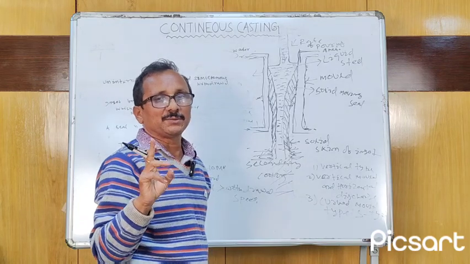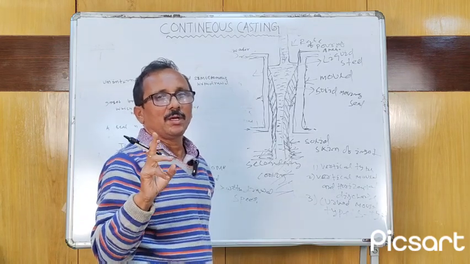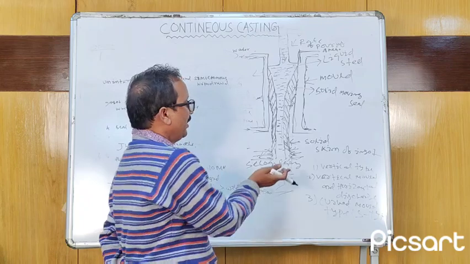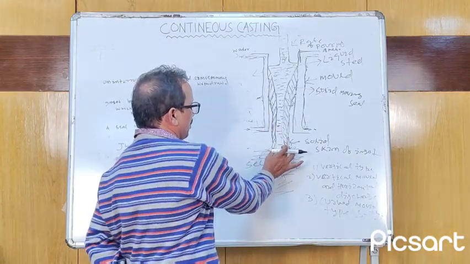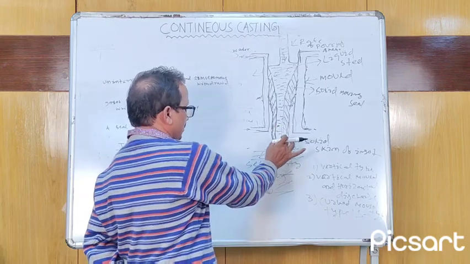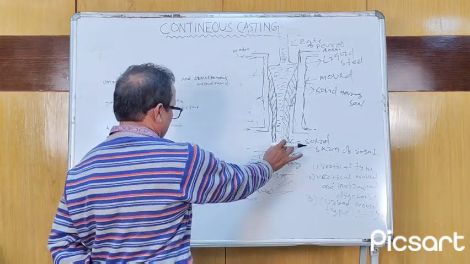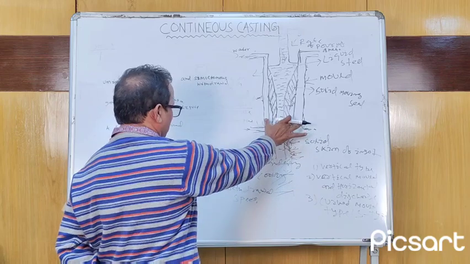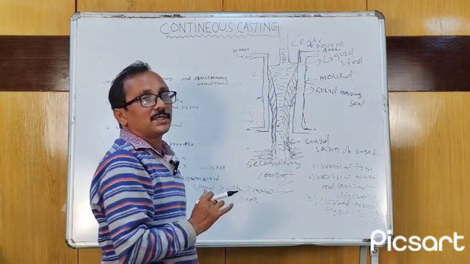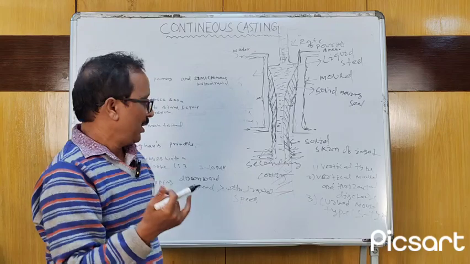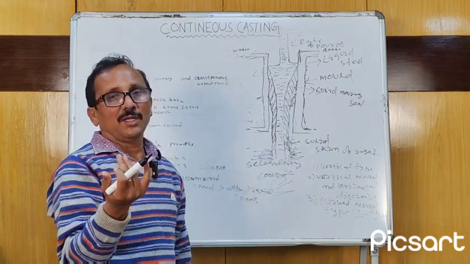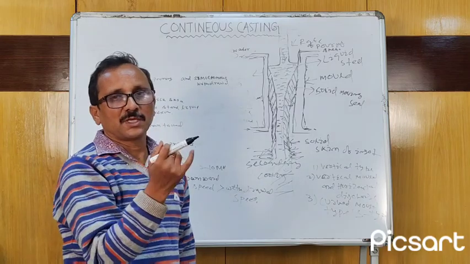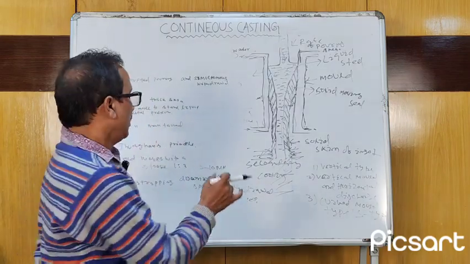That is called negative stripping of the continuous casting. The downward speed should always be greater than the withdrawal speed. If the withdrawal speed is less than the mold wall movement, then a crack will occur in the ingot as a transverse crack, which is a defect in the product.